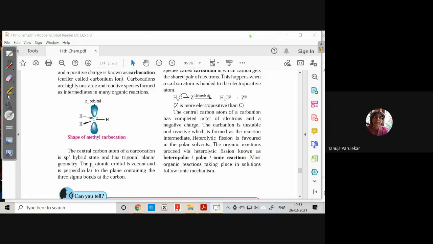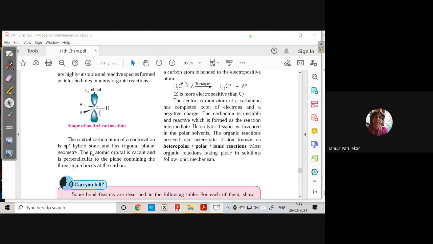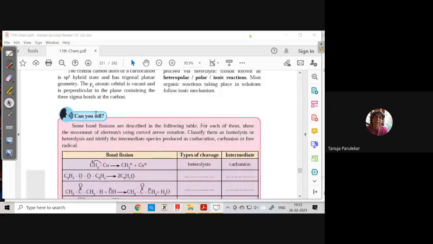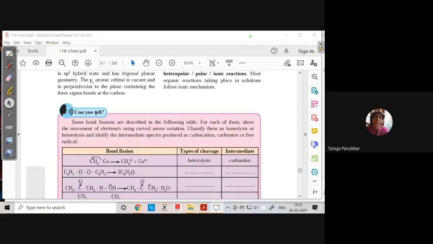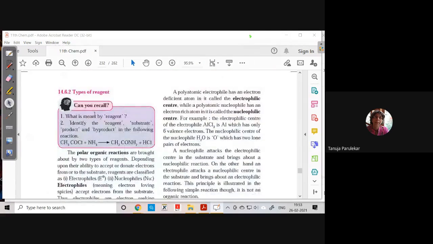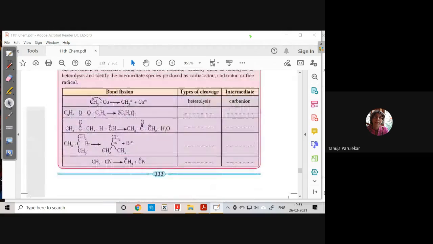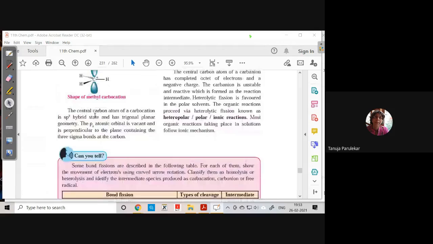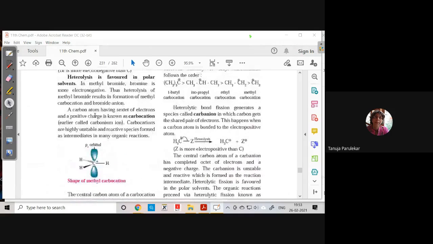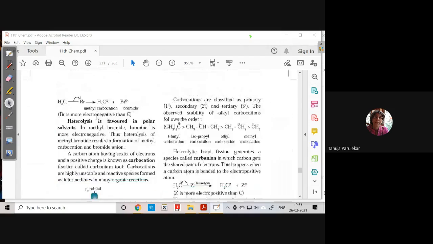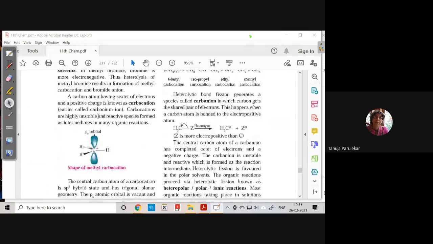Okay, so next is, what does it say? Okay, let me just complete that and then we'll come. Types of reagent. Achha, they have not talked about the shape of this. Maybe that shape is not there for your syllabus.